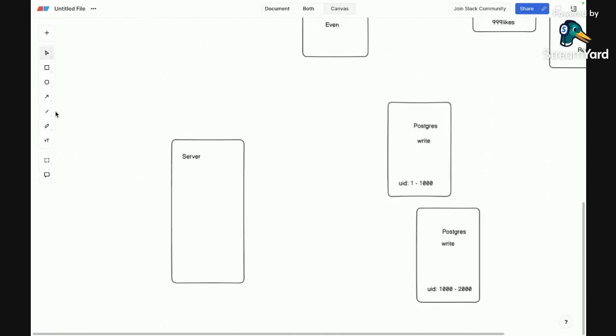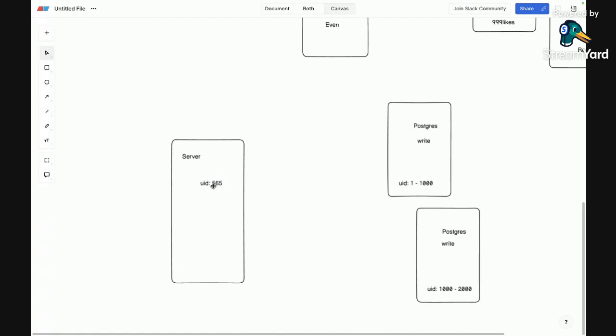Now the server has to have some sort of state. The server should know the UID of the user, and if the UID is 565, which instance to send the write to, right? So here again you will need some kind of system to track that, some algorithm.